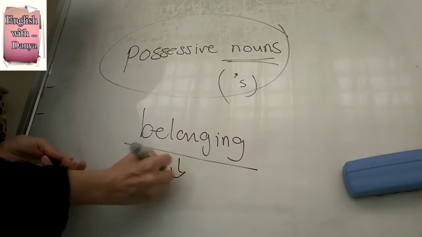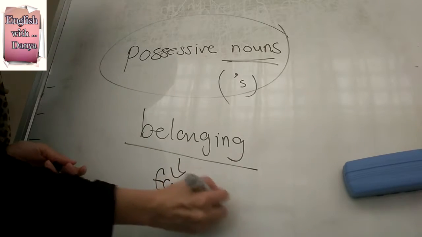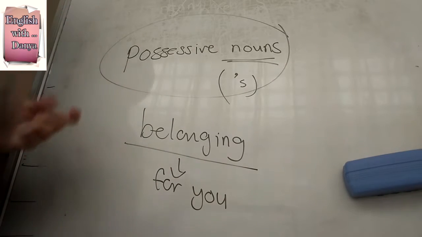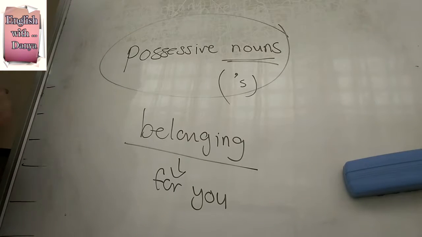It can be for you or for him or for her or for them, something that is only for a specific person and not for others, or something that is for specific people or for a specific country or a place.